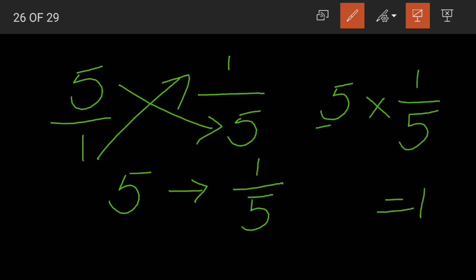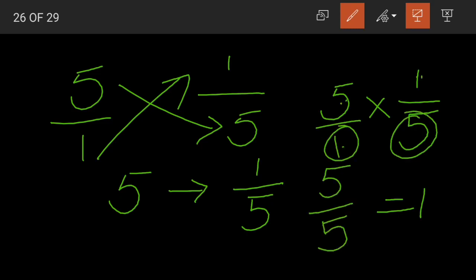Let us check whether the answer is 1 or not. How do we check? Let us multiply the numerators first. 5 into 1 is 5. When we divide 5 with 5, what is the answer? 5 1s are 5.